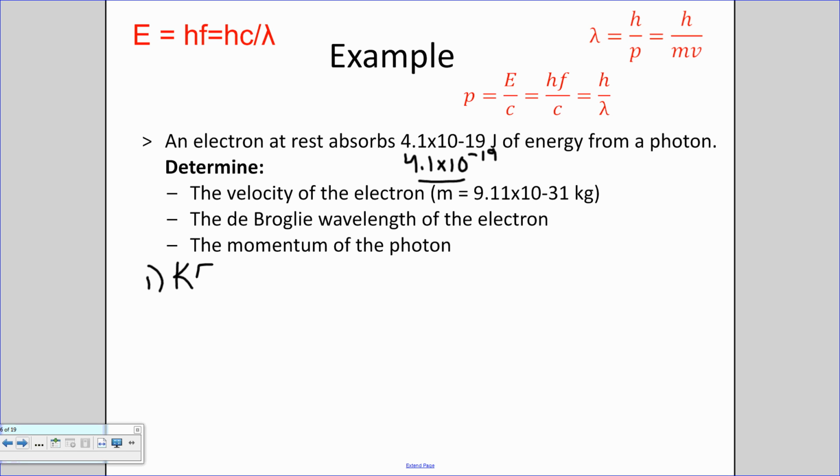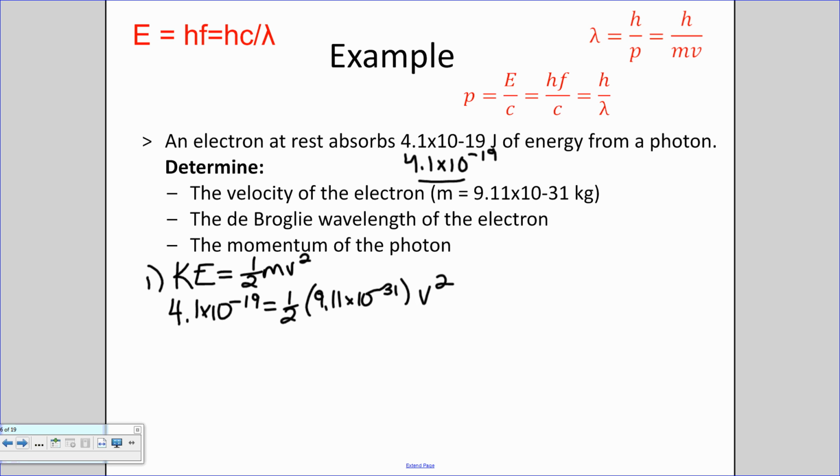Kinetic energy. Kinetic energy is 1/2 mv squared. So the kinetic energy, which in this case is 4.1 times 10 to the negative 19th, is equal to 1/2 the mass of an electron, which is 9.11 times 10 to the negative 31st, times v squared. And we solve for v.